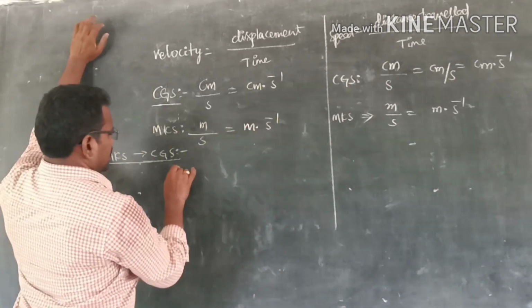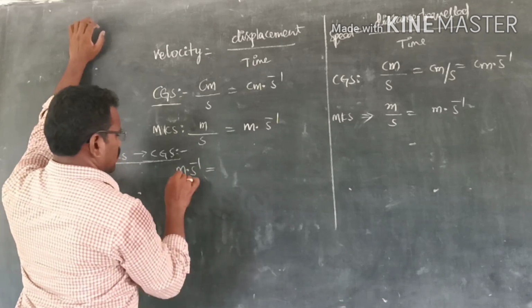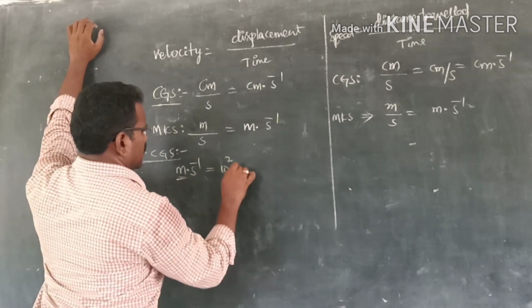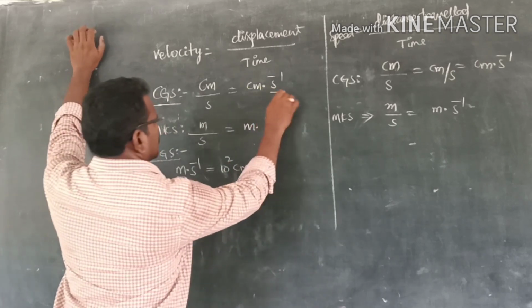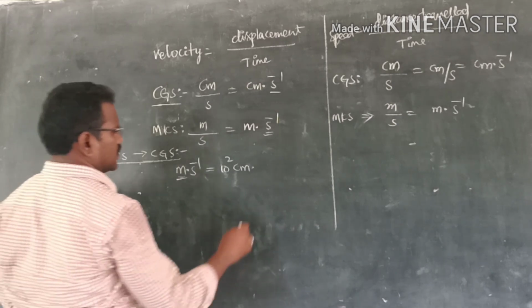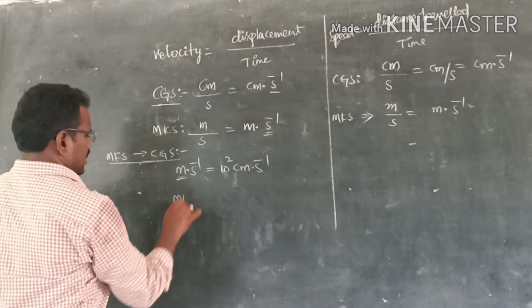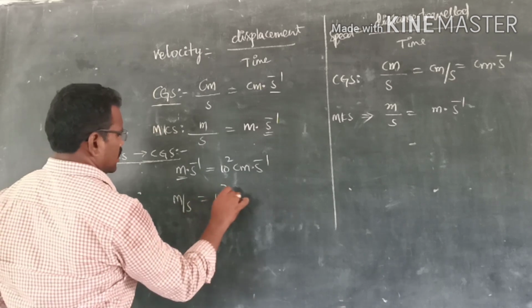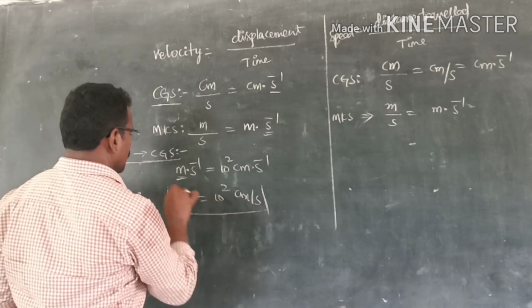Now the MKS unit is meter second power minus 1, that is 1 meter equals 10 square centimeter. The second power minus 1 is the same in CGS also, so there is no change. So meter per second is equal to 10 square centimeter per second.